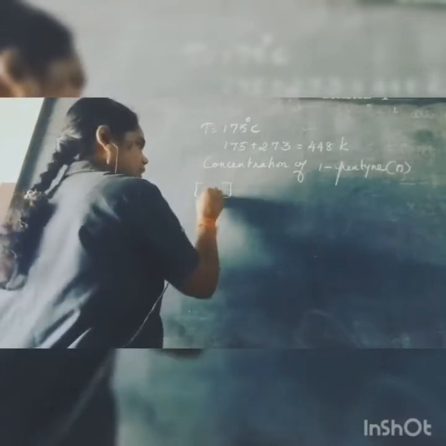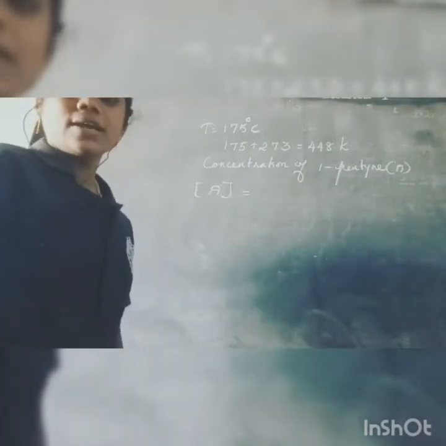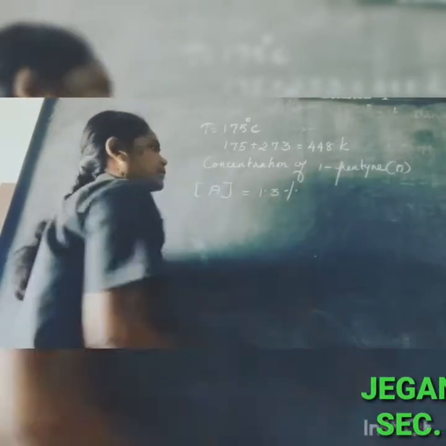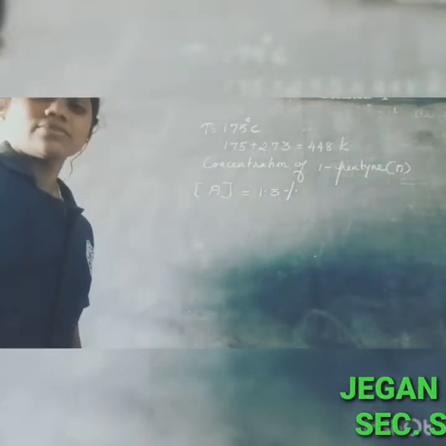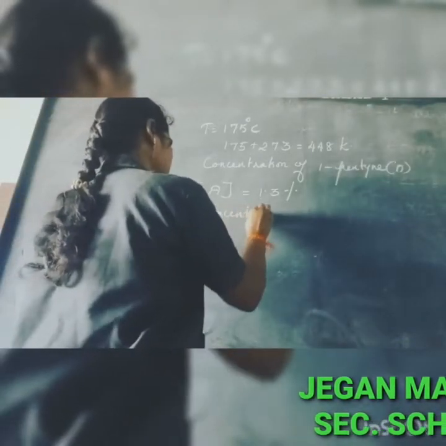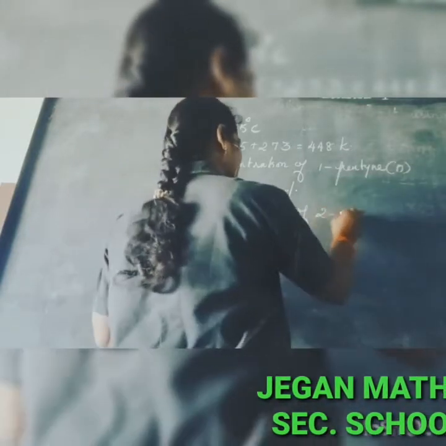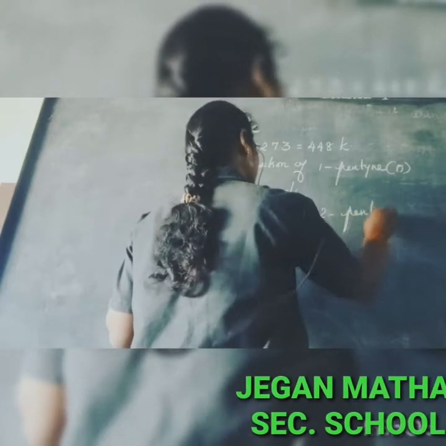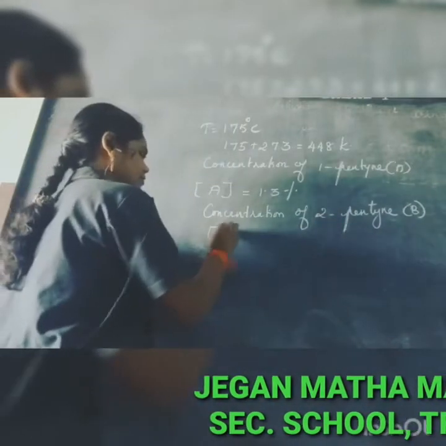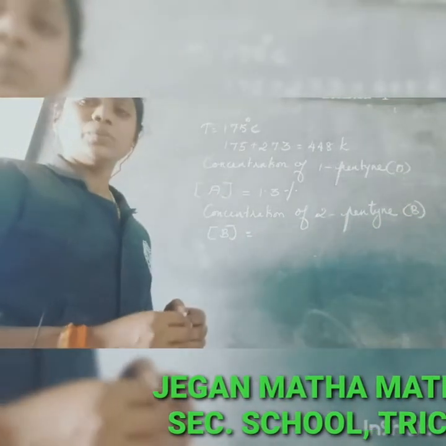So active mass of A is equal to 1.3%. And next one is concentration of 2-pentyne, that is B. The active mass of B is 95.2%.